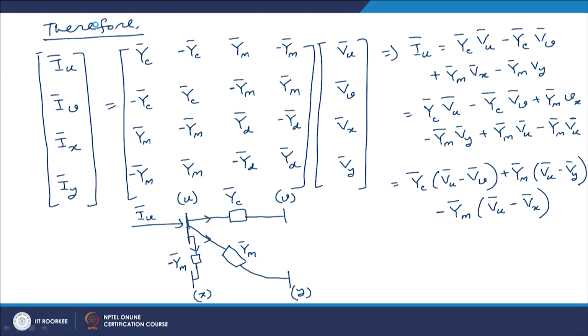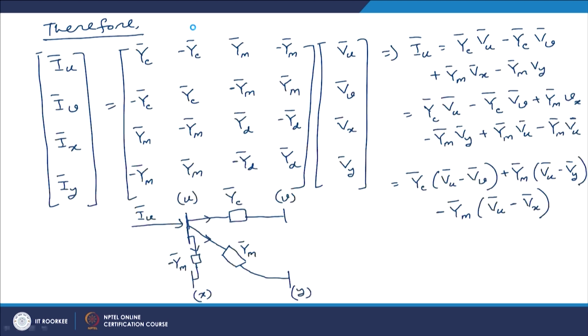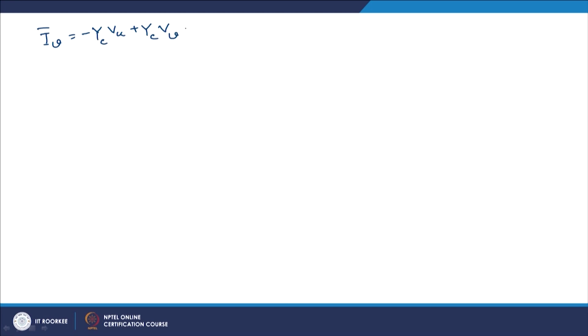From this relation, Iv we can write down as minus Yc into Vu plus Yc into Vv, minus Ym Vx plus Ym Vy.